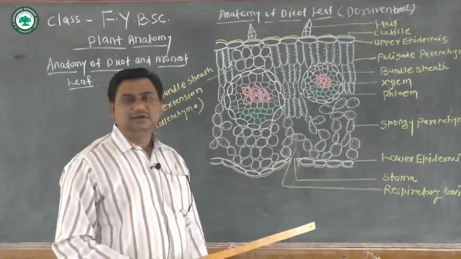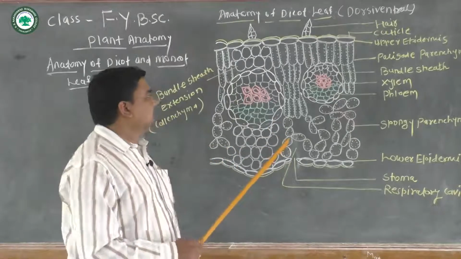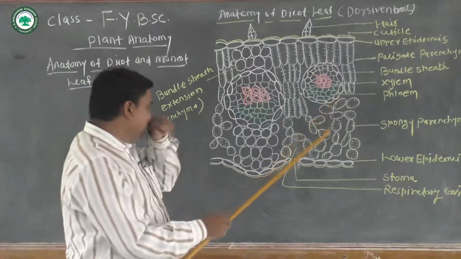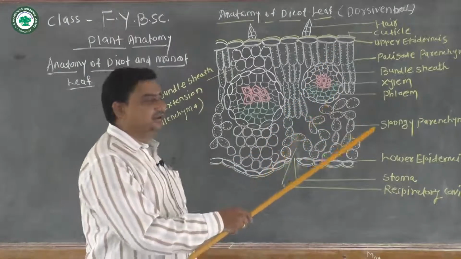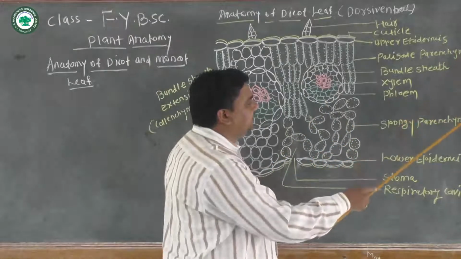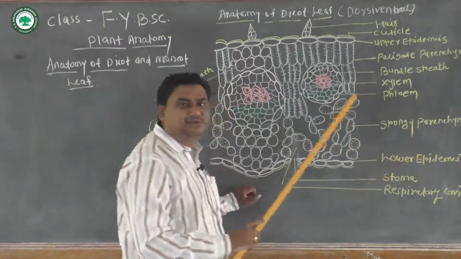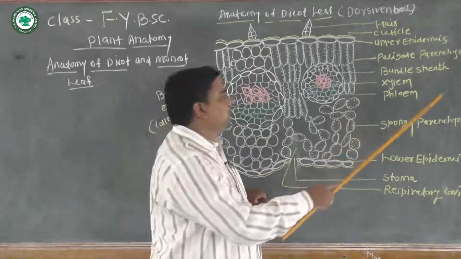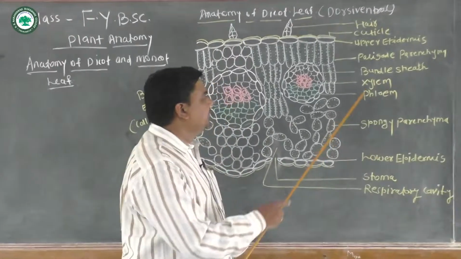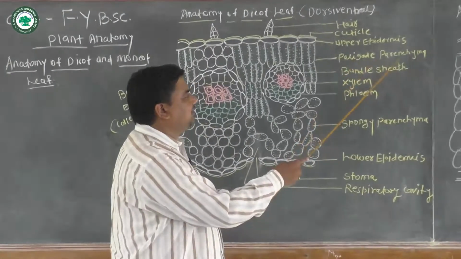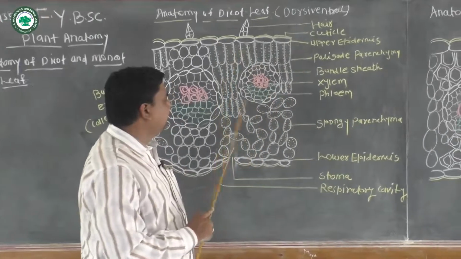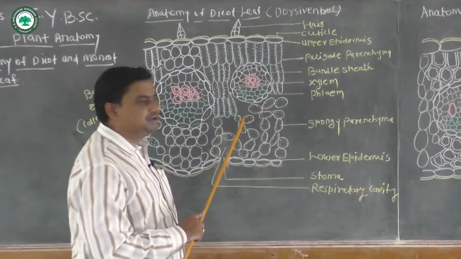Then below the upper epidermis there is the palisade region, then there is the spongy region. Palisade and spongy region together make what we call the mesophyll tissue. This one is the palisade region and this one is the spongy region.